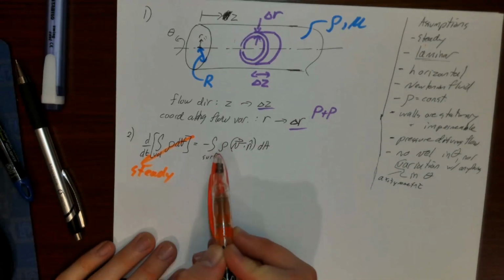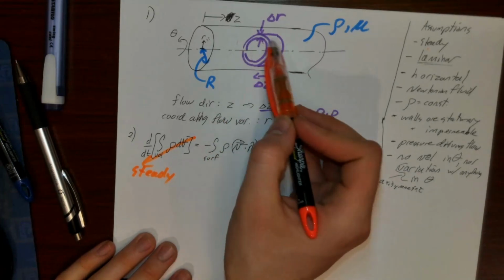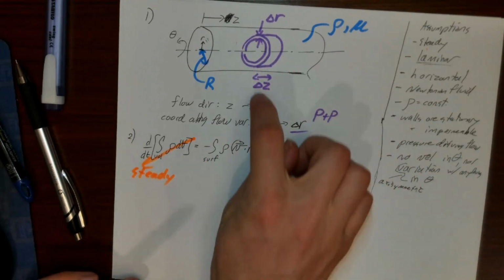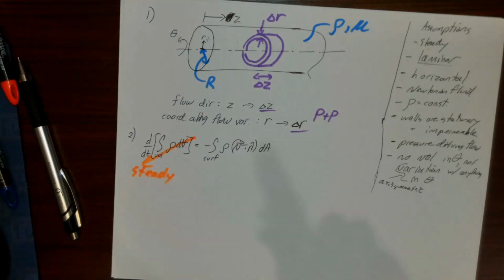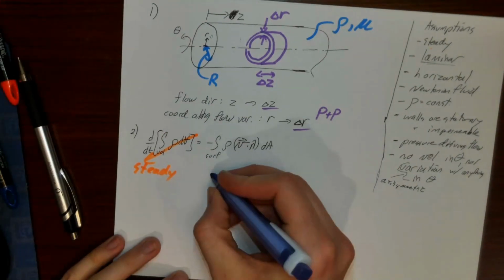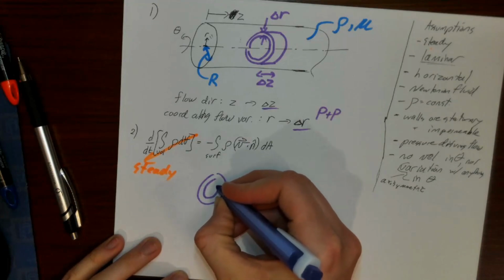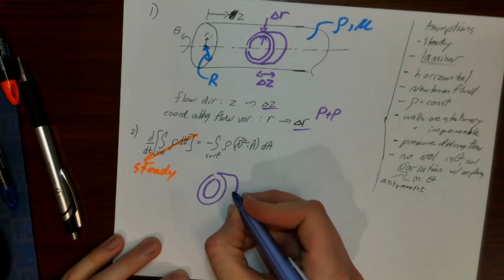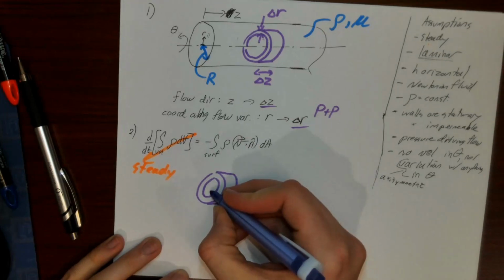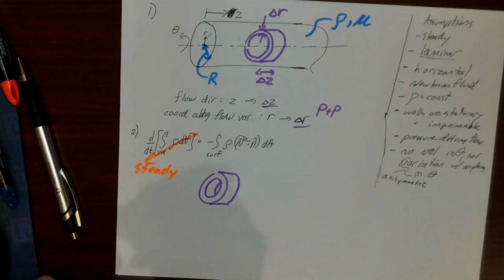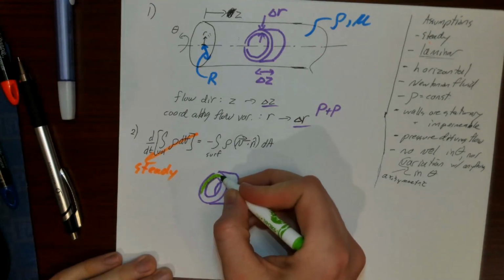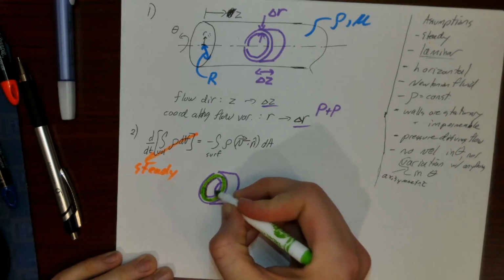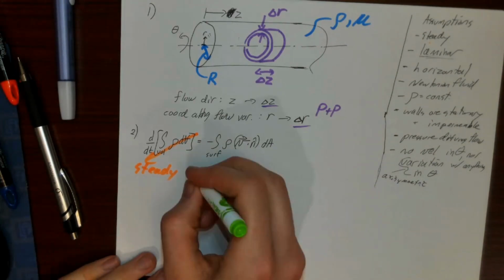If we want to break up this integral over the whole surface of our control volume into a couple of pieces, let's take a closer look at this control volume and think about what pieces we want to break the surface into. All right, I'm going to do a little color coding. Let's call this upstream surface, surface 1.